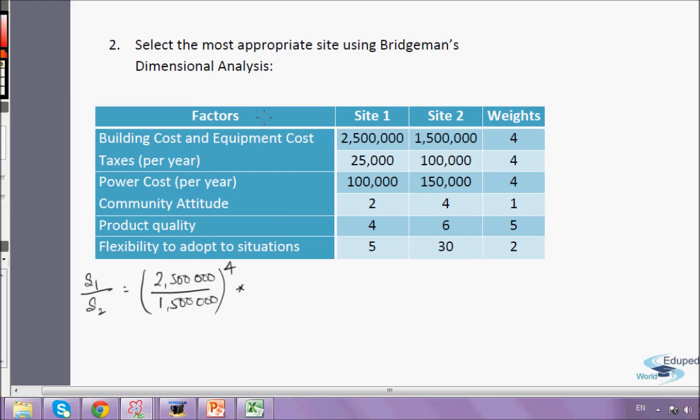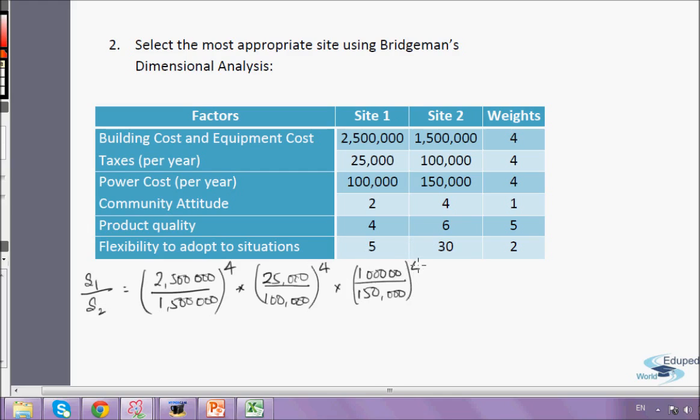This is to be multiplied by the second factor, which is 25,000 divided by 100,000, and that's again raised to power 4. Further, this is multiplied by the next factor, which is 100,000 divided by 150,000, and this is the power cost per year.